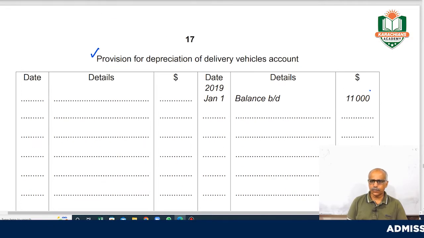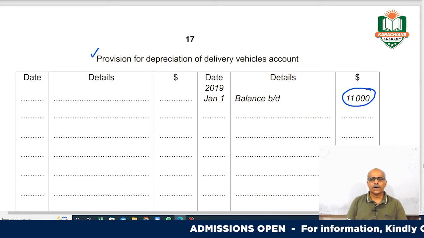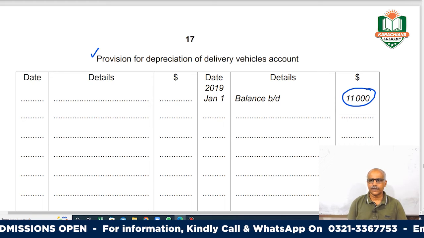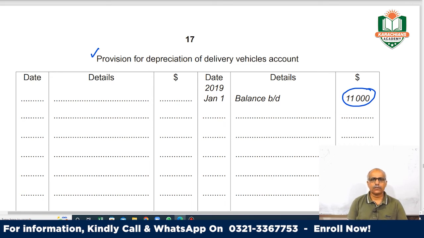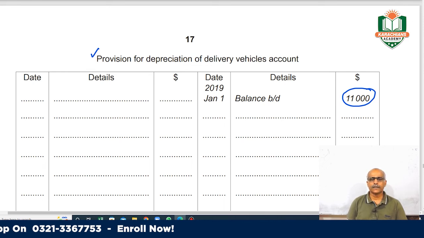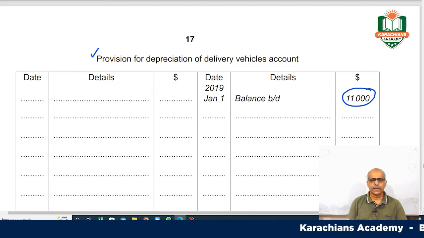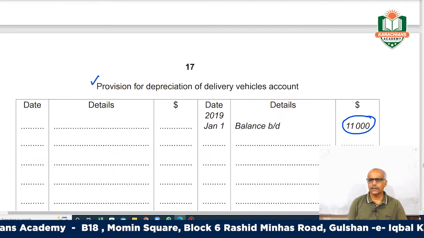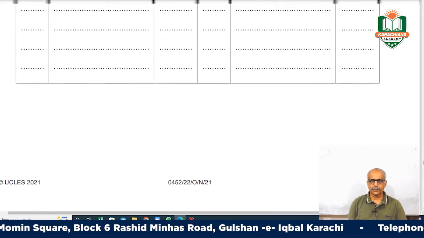In provision for depreciation account, he has already given you 11,000. So while making this account, you have to consider this very carefully. You have to solve the question on the format given here. I will be solving on the upper page where the question is given, but when you are solving, you solve it here, right? And consider this 11,000.